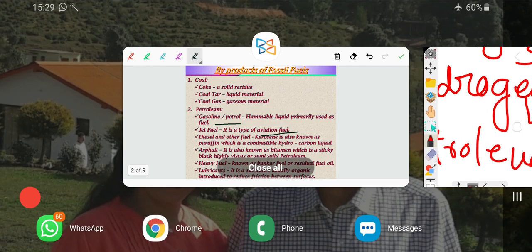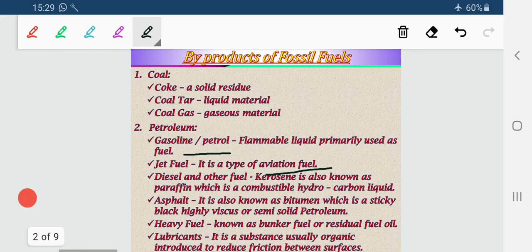Okay, now let us move to the next, that is asphalt. The name asphalt is also known as bitumen. Bitumen means a sticky black viscous or semi-solid petroleum.